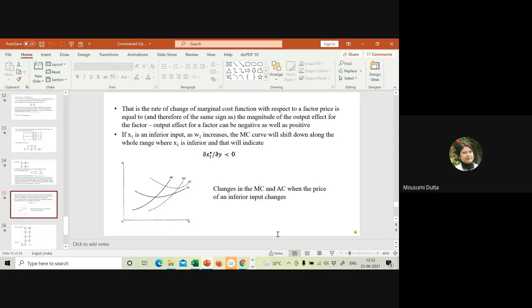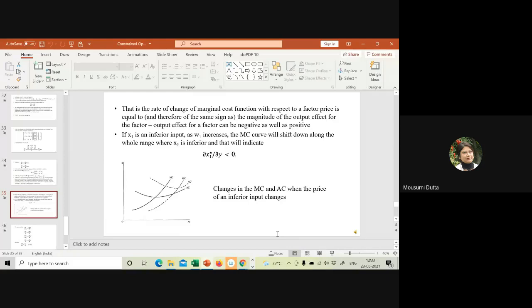That is, the rate of change of marginal cost function with respect to a factor price is equal to the magnitude of the output effect for the factor. Output effect for a factor can be negative as well as positive.